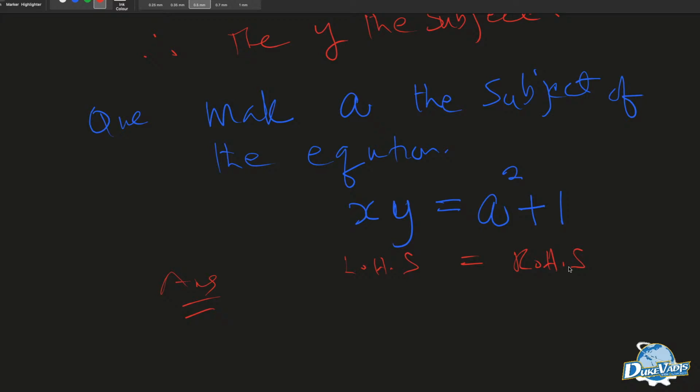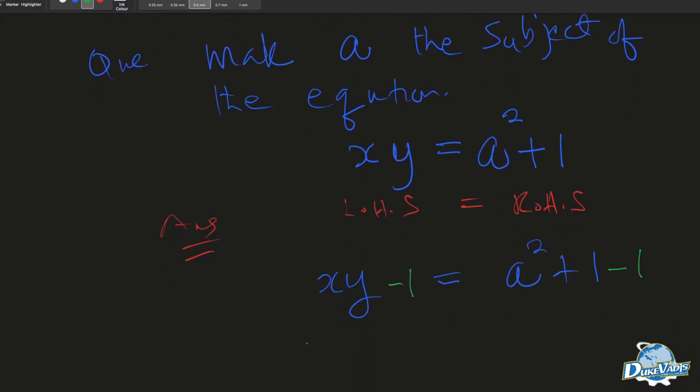Knowing that xy is equal to a squared plus 1, I subtract 1 from each side, because in the equation, what you do to the left hand side, you do the same to the right. So I'll subtract 1 from here, and I'll subtract 1 from here.